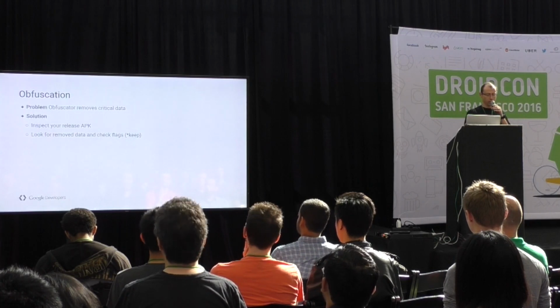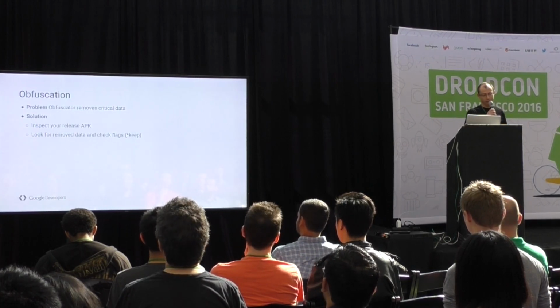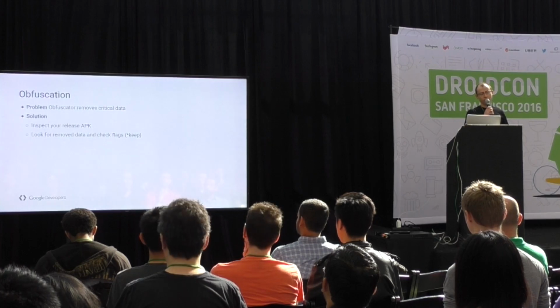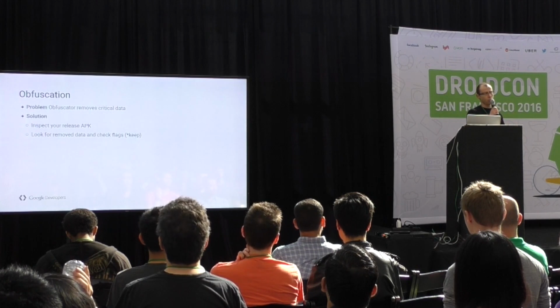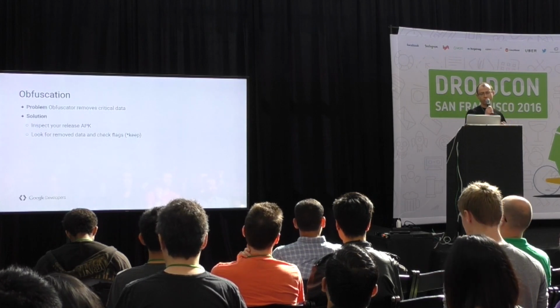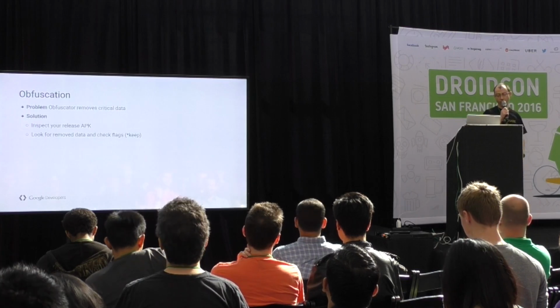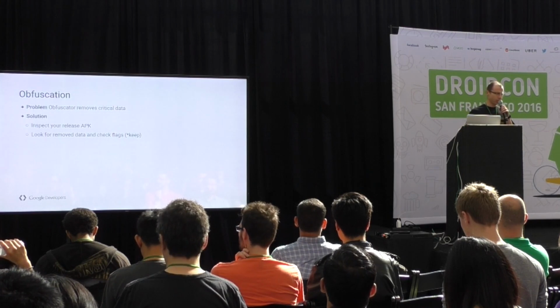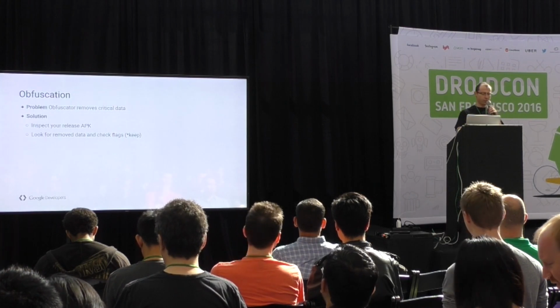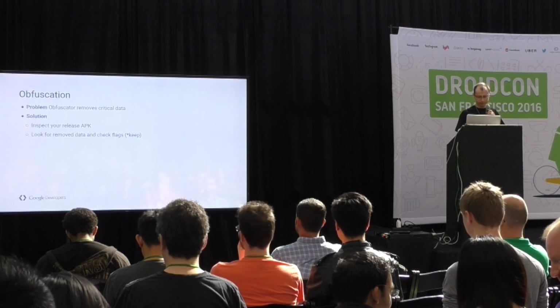You open your bad APK with ClassyShark and you look which data it's actually missing, or which library or which APIs might be stripped away. And of course, the solution is pretty easy. Once you understand the problem, you just update the relevant keep flags.